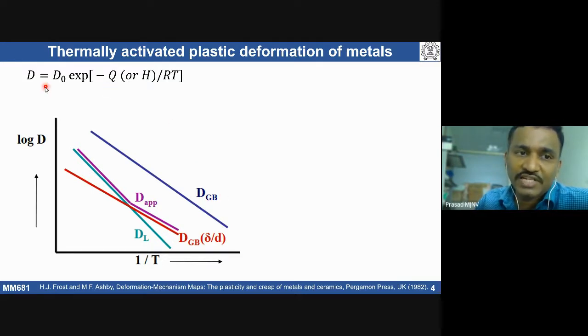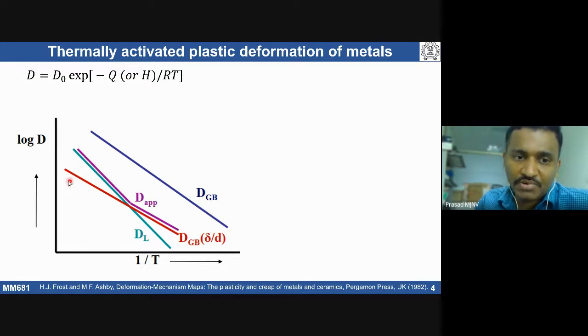According to this Arrhenius type of equation, if I make a plot of log D versus 1 by T, typically we get a line like this, with data points here. The slope gives you the activation energy.